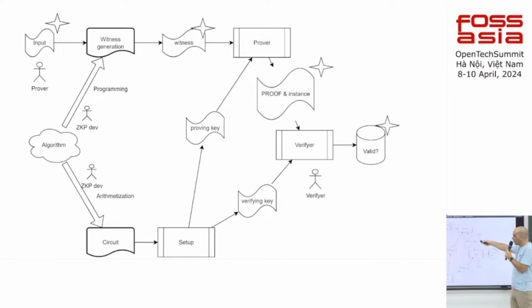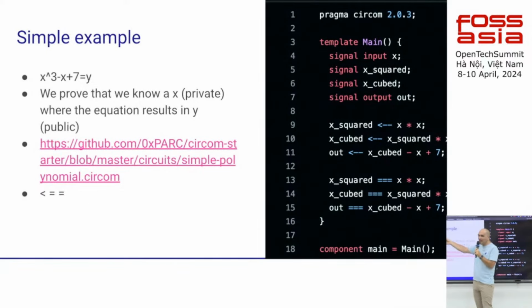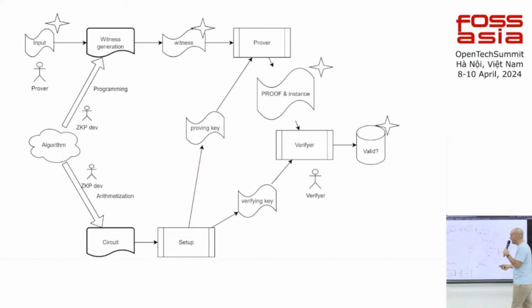So we would prove that we know a y that, given an x, follows the equation, and the verifier can be sure that the prover knows the solution of the equation without having to compute the whole equation. Imagine that instead of this example, we have a very, very hard computation to do; this is much easier.